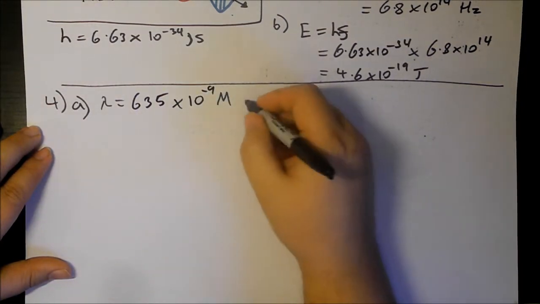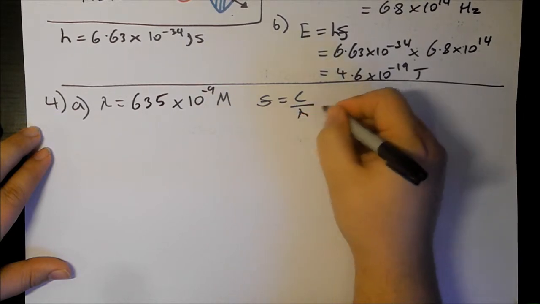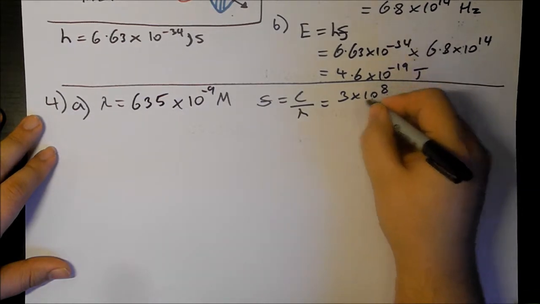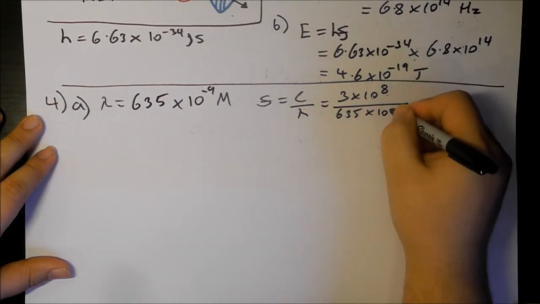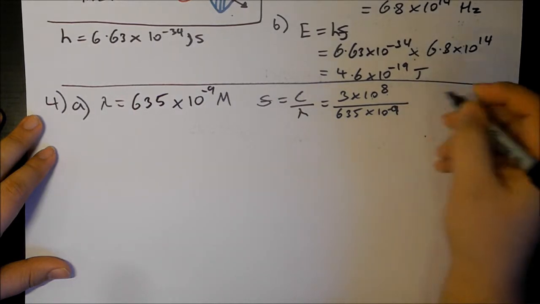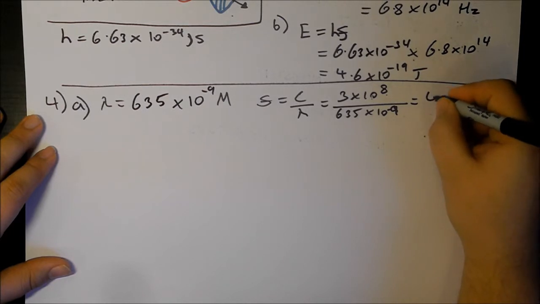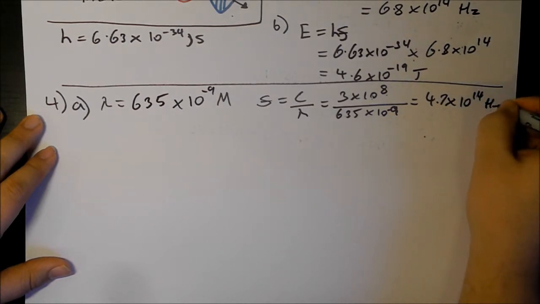And then we can straight away say that F is equal to C over lambda, which is equal to 3 times 10 to the 8 over 635 times 10 to the minus 9, which is going to work out to 4.7 times 10 to the 14 hertz.